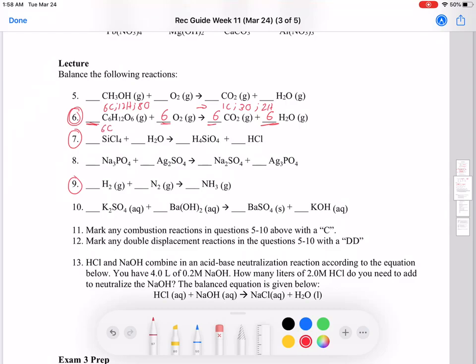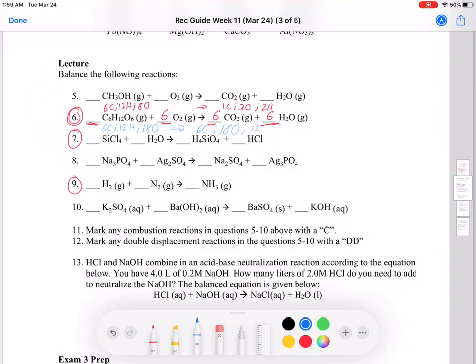So in the end I will have 6 carbons. Actually, let me use another color for this so you can see it. So in the end I will have 6 carbons. I will have in the end 12 hydrogens, and 6 times 2 is 12, plus 6 is gonna be 18 oxygens. And on the other side I will have 6 carbons, 12 hydrogens, and 6 and 12, so 18 oxygens.